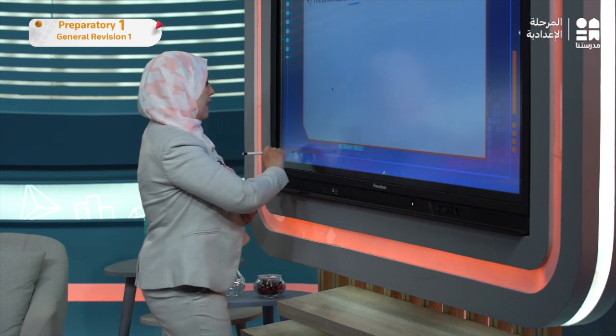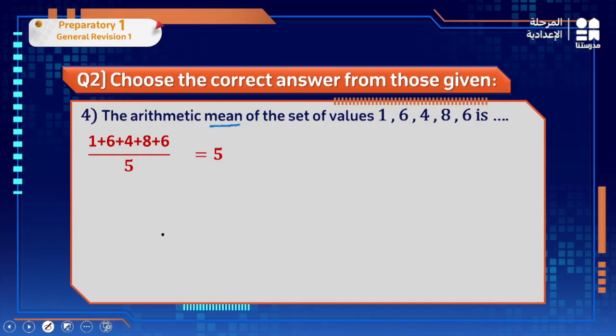So we are going to add 1 plus 6 plus 4 plus 8 plus 6, then divide by 5 because we have 5 values. 1, 2, 3, 4, 5 values. When you add them, you will get 1 plus 6, 7 plus 4, 11, plus 8, 19, plus 6 is 25 over 5. So the final answer is 5.